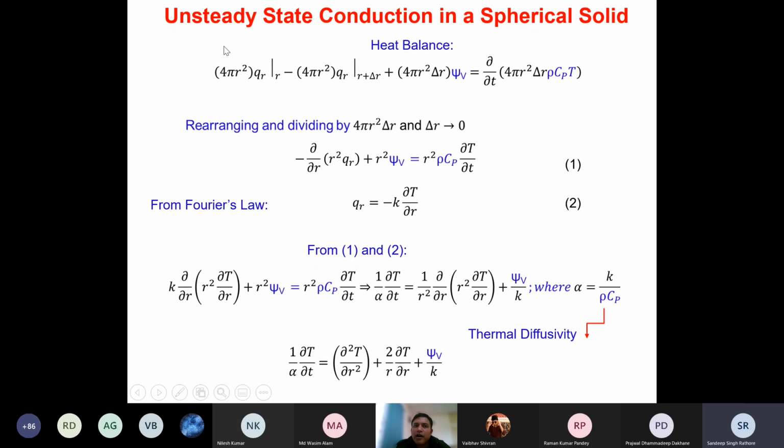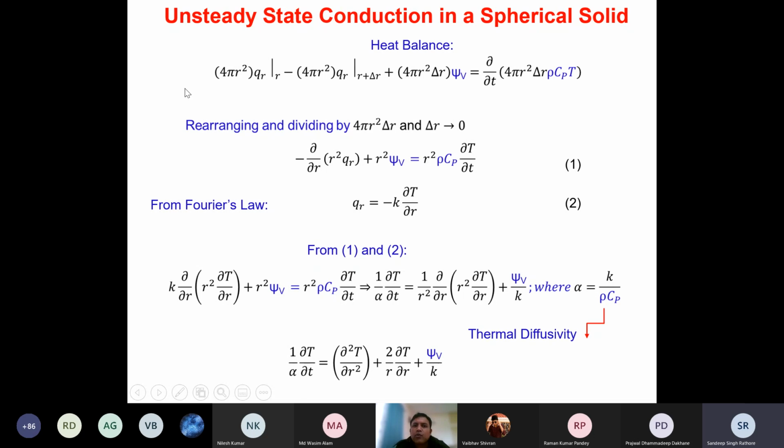Input will be area into QR at R, that is 4 pi r square times the flux QR at R. Minus output term, which will be 4 pi r square QR at R plus delta R. Plus the generation term, 4 pi r square delta R, which is the volume of the element multiplied by psi V. That should equal dou by dou T of 4 pi r square delta R rho Cp T.